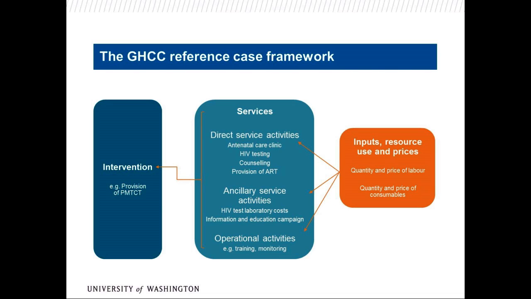What we're basically doing is identifying direct service activities, and the ancillary service activities that have to occur in order to provide the service but don't necessarily happen at the clinic level: supervision perhaps, supply chain logistics, surveillance. Then we want to find out what those inputs, resources, and prices are. I told you ideally quantity times price, but in practice the best we can do is use expenditure data.